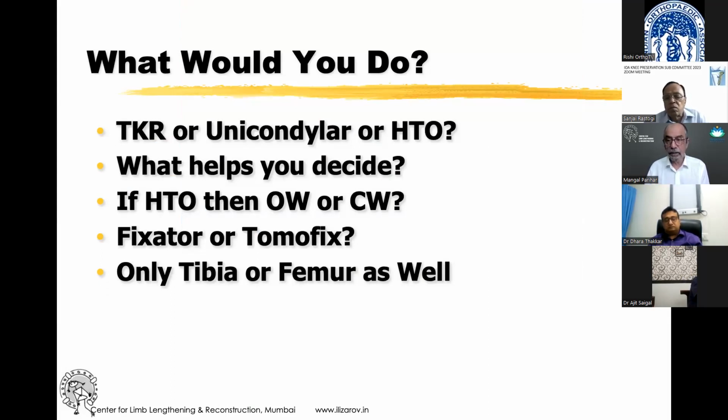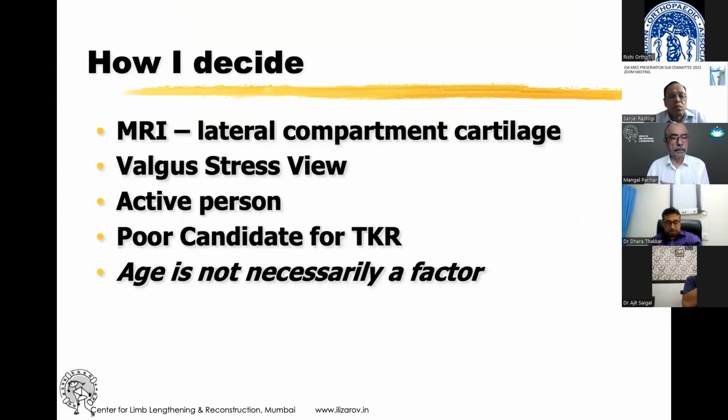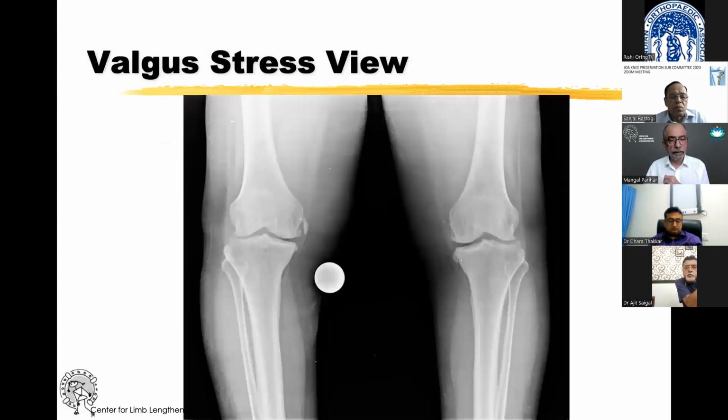In this situation, I think you should do the tibia as well as the femur. I decide this based on the MRI, which shows whether the lateral cartilage is okay, and the valgus stress view, which opens up on the medial side. If the patient is an active person or otherwise a poor candidate for a knee replacement, I will certainly go for a realignment kind of surgery.